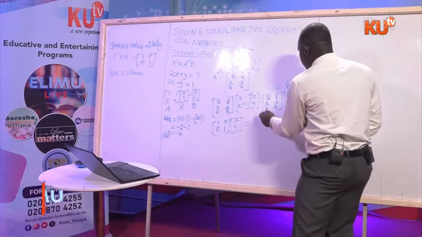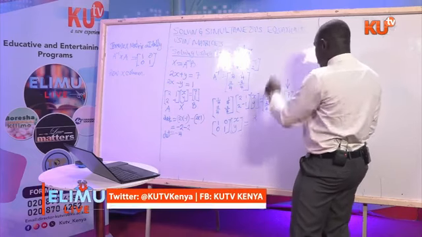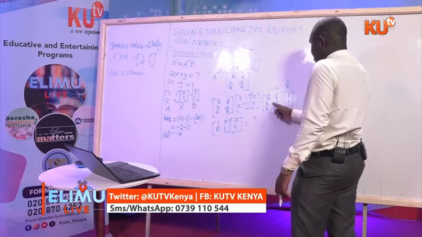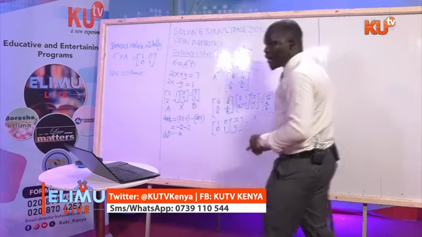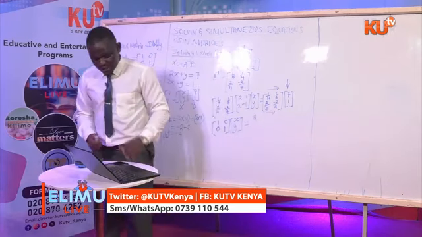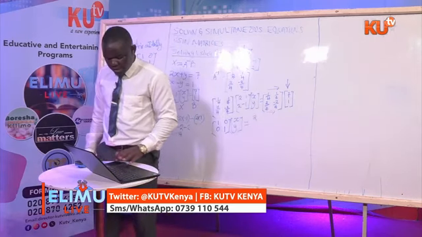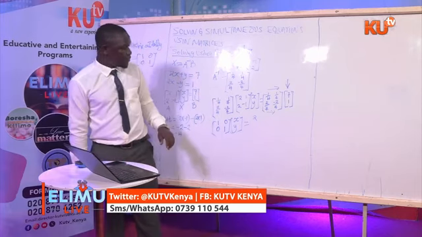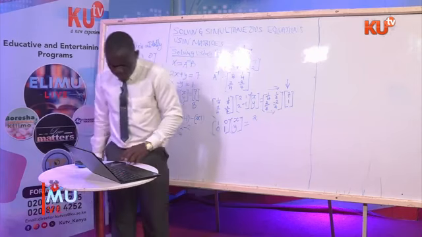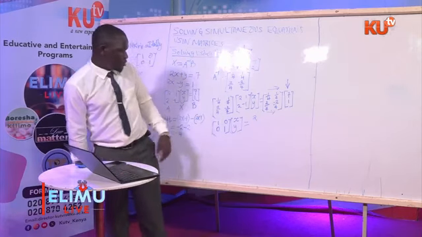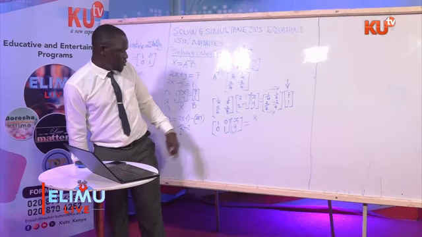The second value is row times still the same column. So 2 over 4 times 7 plus negative 2 over 4 times 1. I will use my calculator again, dear learners. That will be now 2 over 4 times 7.